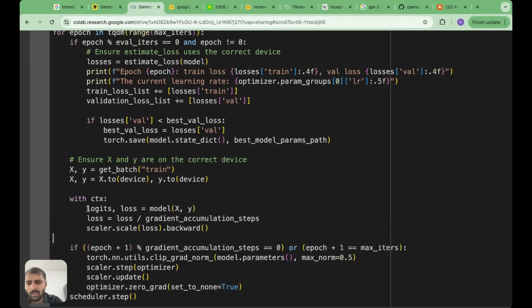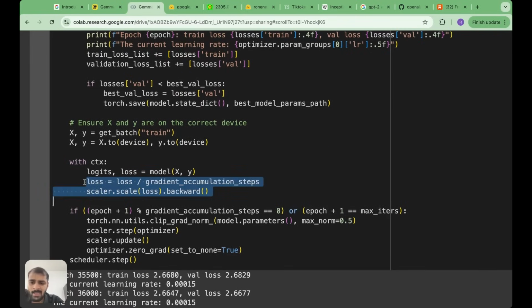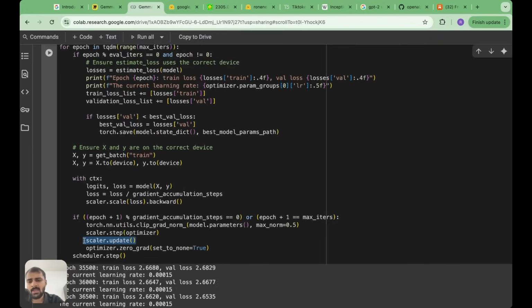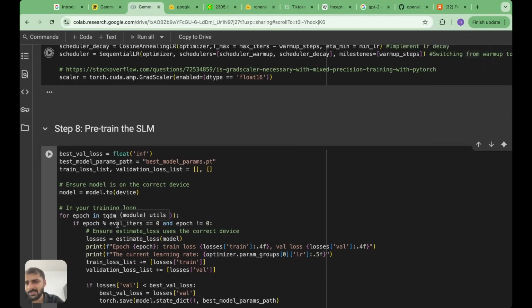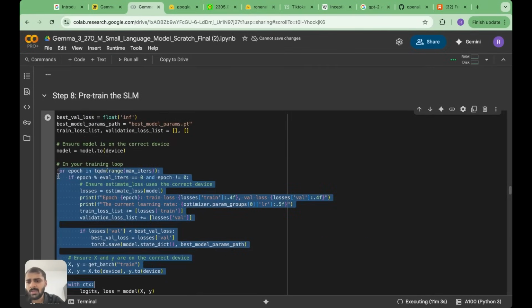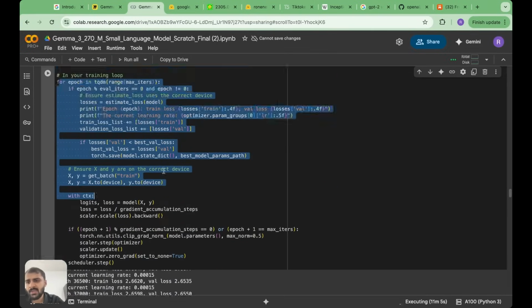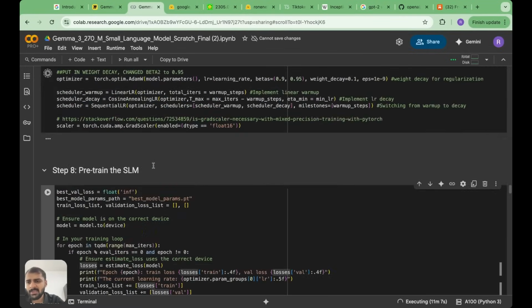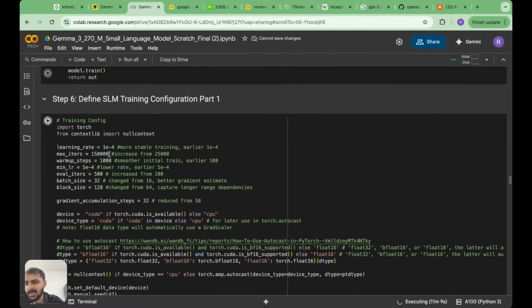So once I get the loss, I'll do gradient accumulation number of steps, and then I'll do update. So this scaler dot update is essentially doing updation of the parameters, right? And then I'll go through this loop once more. Similarly, I'll keep on doing this until I do maybe 150,000 iterations, or you can even simply set it to 60,000 iterations for now to get started with.